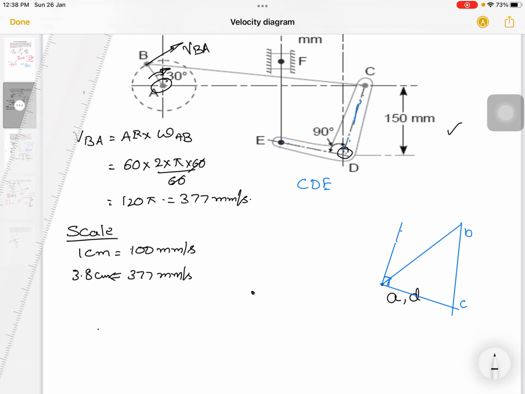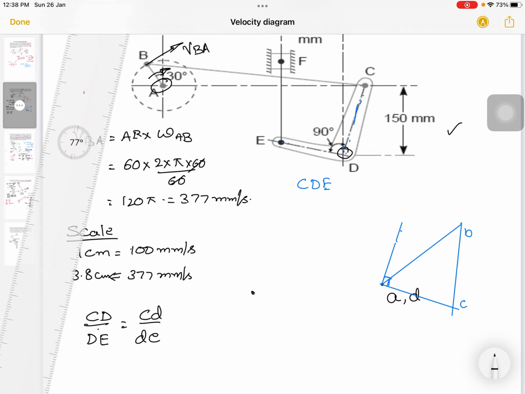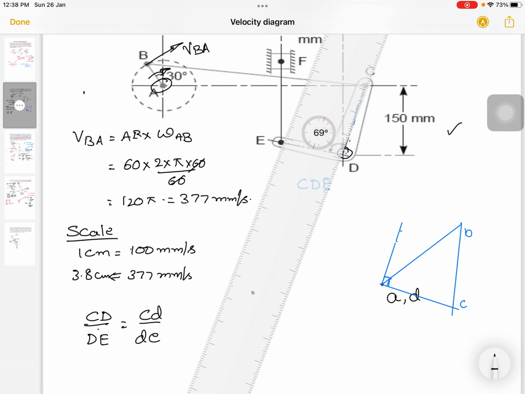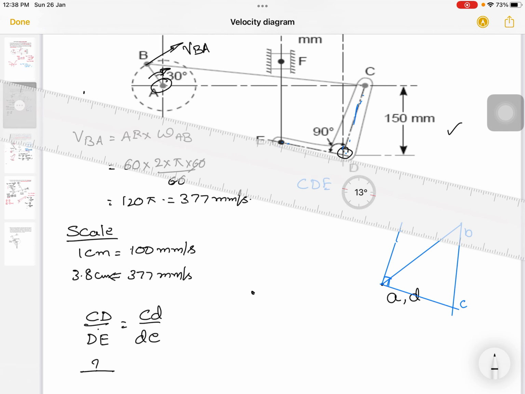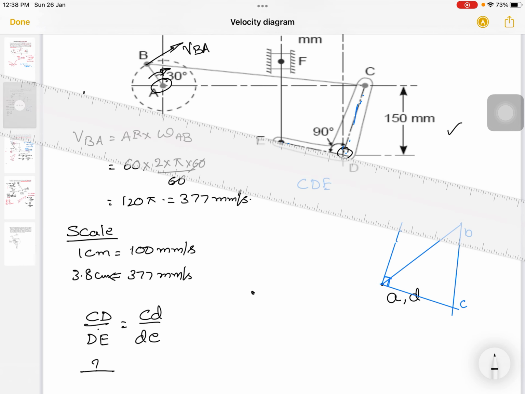That means capital CD upon DE is equal to small cd upon small de. You can measure the length of this CD first, use that value here, and similarly measure the length here.